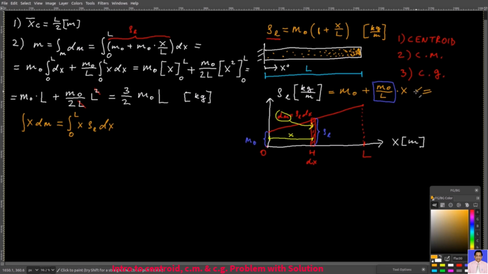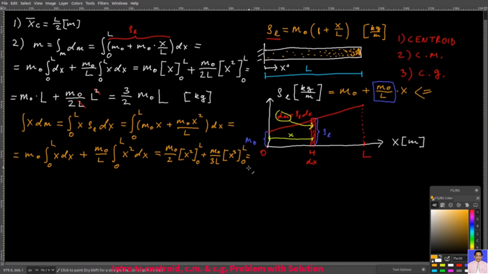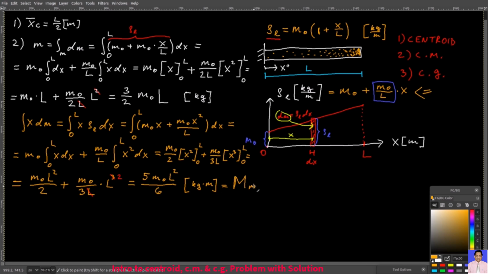But you already know what your rho L is. So in the end, you have to integrate all this. You can rewrite it like this. Then you evaluate these terms like this. And then this is your result. You make some cancellations. And in the end, you're left with 5 times m0 times L squared over 6. That's in kilograms times meters. And let's call this summation of all the differential products mm.